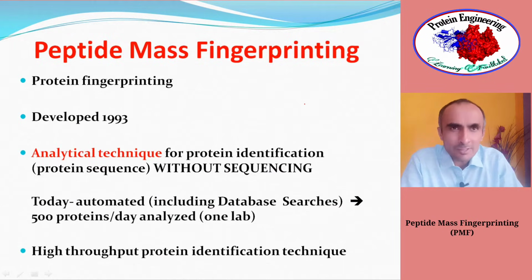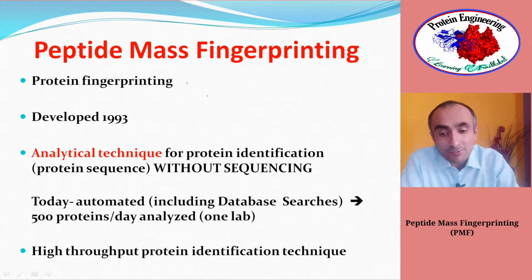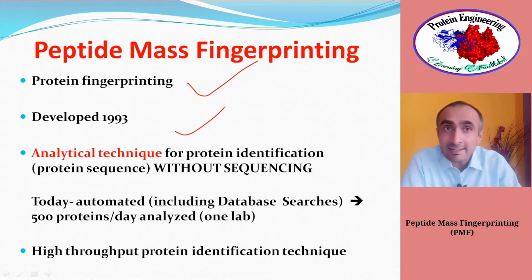Peptide mass fingerprinting was developed in the early 1990s, and is also known as protein fingerprinting. It's an analytical technique where proteins are identified without sequencing. For example, in Edman degradation and tandem mass spectroscopy, proteins are sequenced first and later on they are identified based on the sequence.